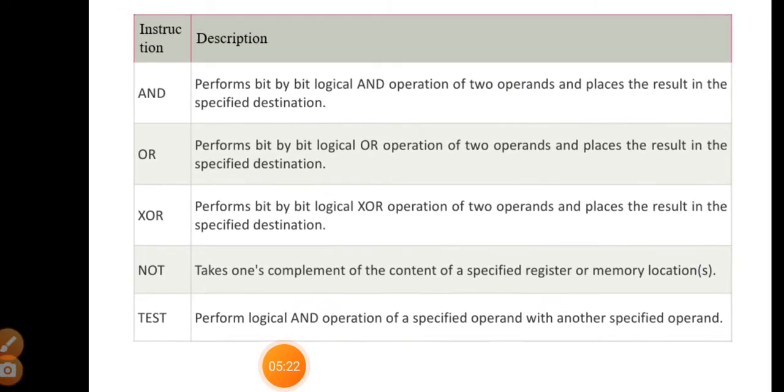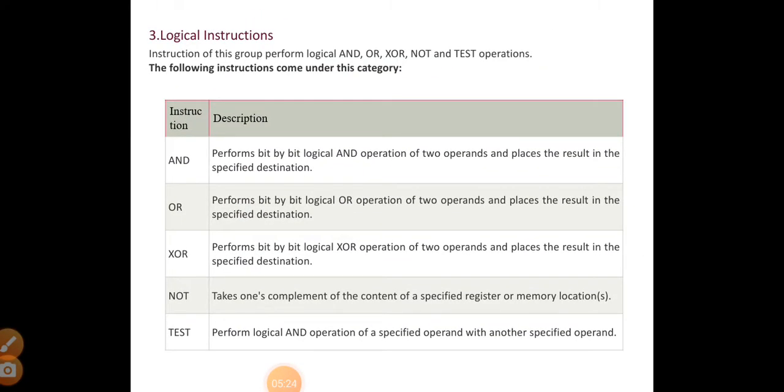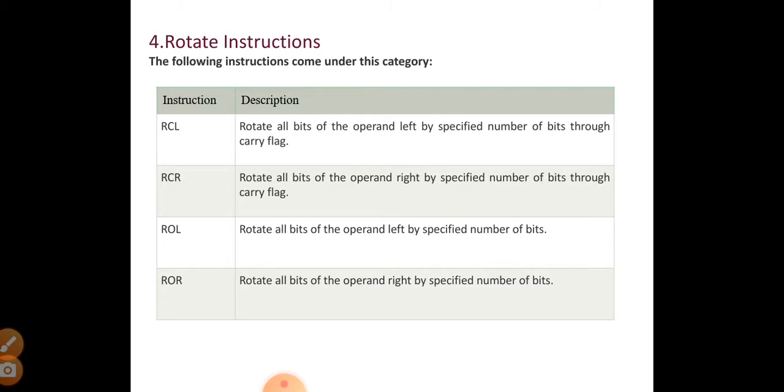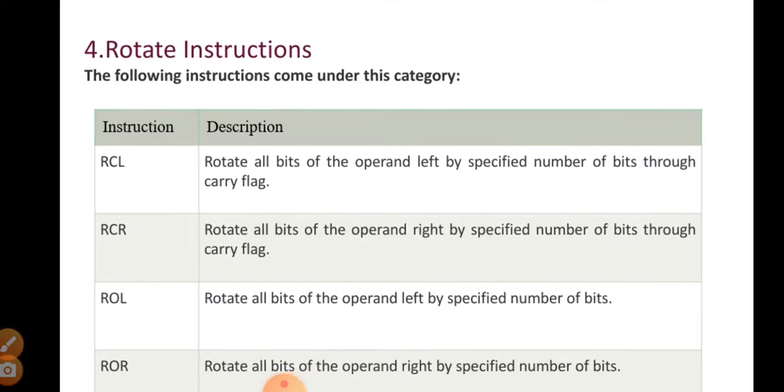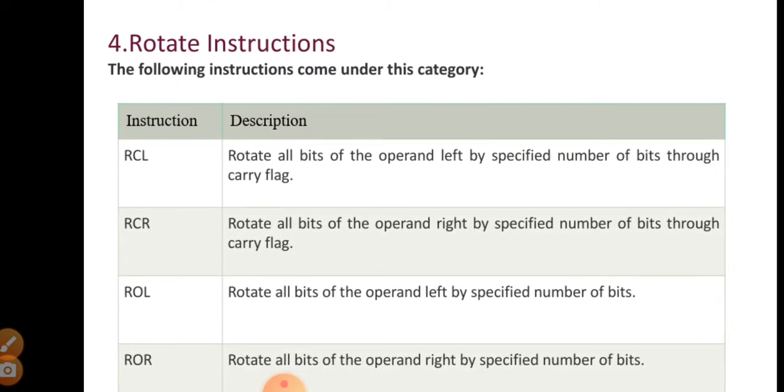Now we have to study the next instruction set, that is the rotate instruction. These are very important instructions. The following instructions come under this category. The instruction RCL means rotate all bits of the operand left by the specified number of bits through the carry flag.